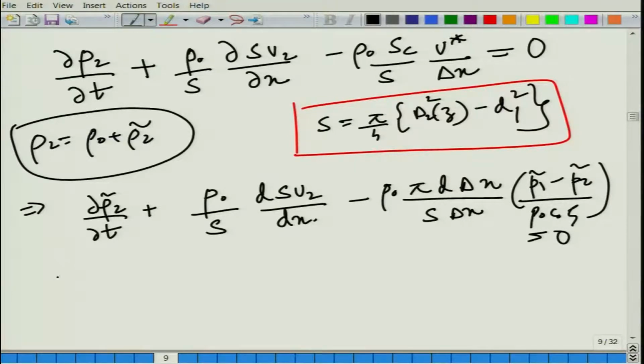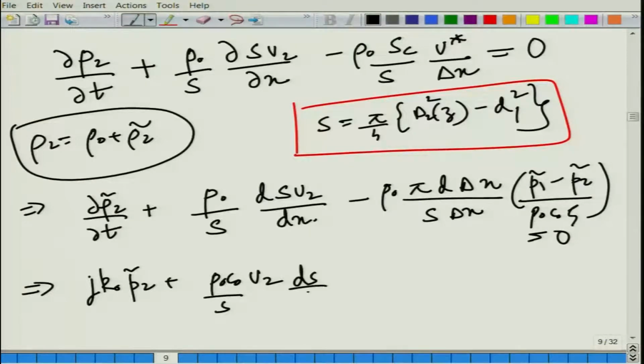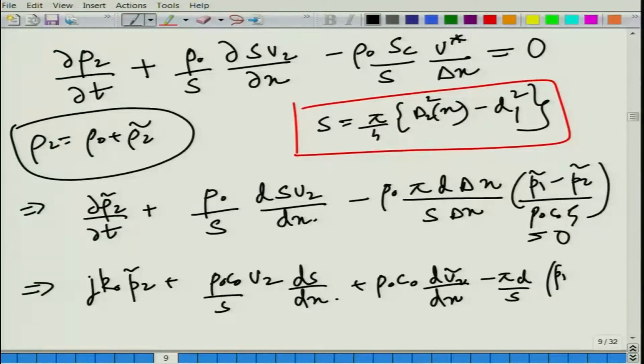So, you get all these expressions, and finally, after some simplification, what you will get is P2 plus rho naught C naught U2 by S, where S is given by the above equation, and now clearly S is a function of x, and you have your rho naught C naught U2 by x and minus pi d by S into (P1 tilde minus P2 tilde) by zeta is equal to 0. Okay.